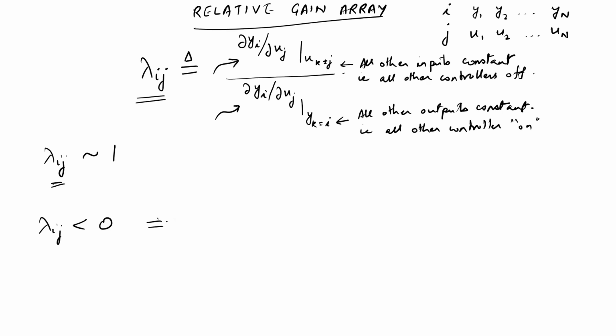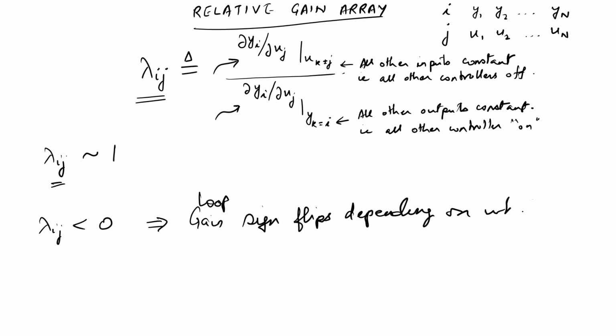This implies the loop gain sign flips depending on whether other loops are on or off.